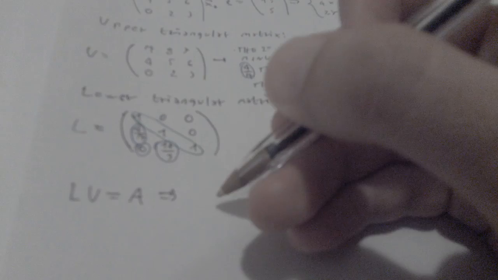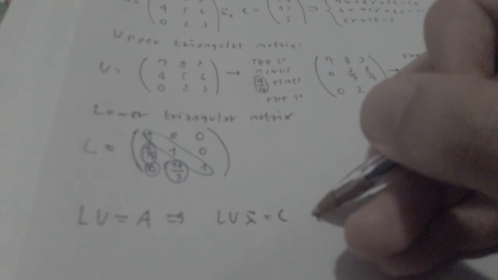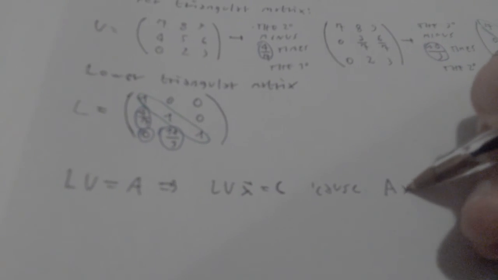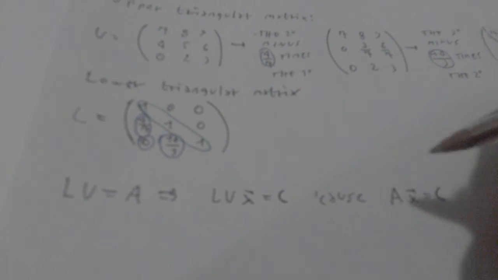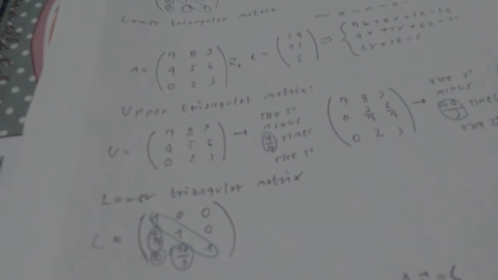And we know that LU equals A. Therefore, we know that LUx is equal to C, because Ax was equal to C, which was the system of linear equations that we started with.